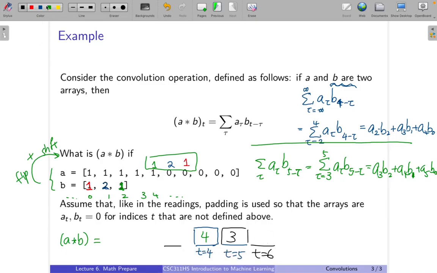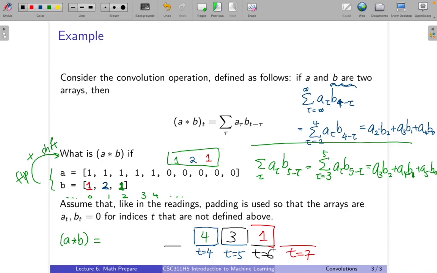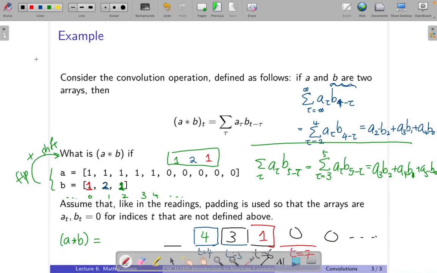What am I going to get here? I think I'm going to get 1, right? And t equals 7, this is where it starts to get less interesting. I'm going to get 0 here, 0, 0, and so on. So nothing really interesting here. So 0 after that.